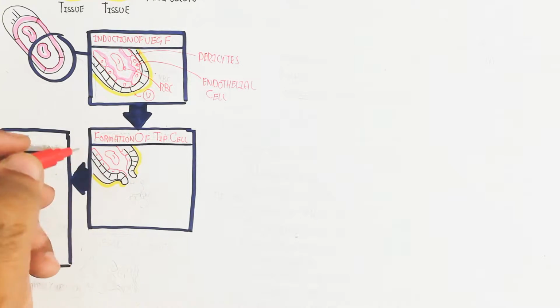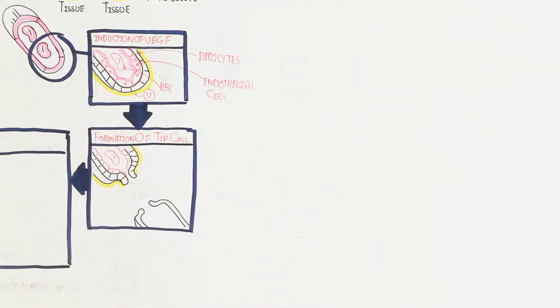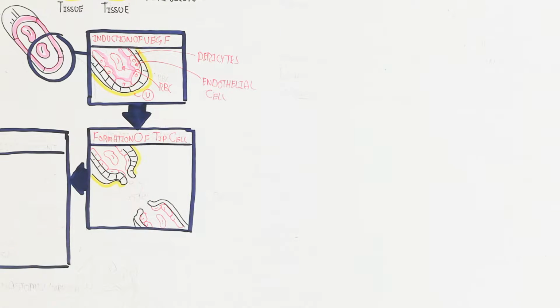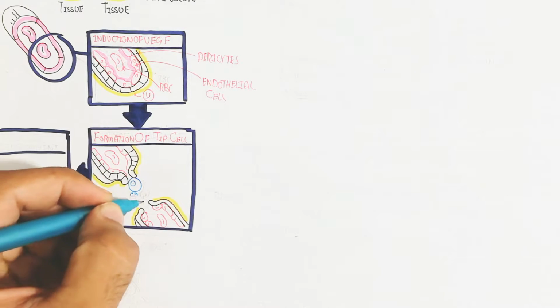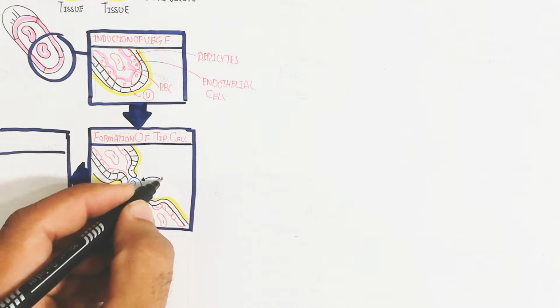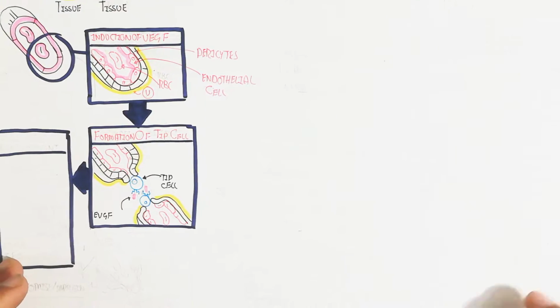Here in blue color I am drawing to understand better. The vascular endothelial growth factor will bind with the tip of the cell, but the endothelial cell is also involved through the binding of the growth hormone. So in this way the formation of the tip cell occurs.